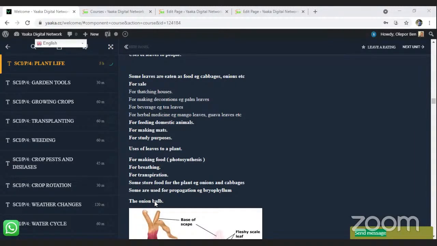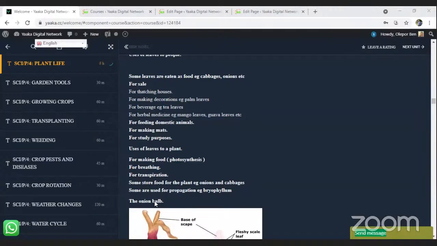Propagation is the way some plants are grown. Good. As simple as that. It's just a way how some plants are grown. Different plants are grown in different ways. There are plants that we grow using seeds. There are plants that we grow using stem cuttings, including cassava.